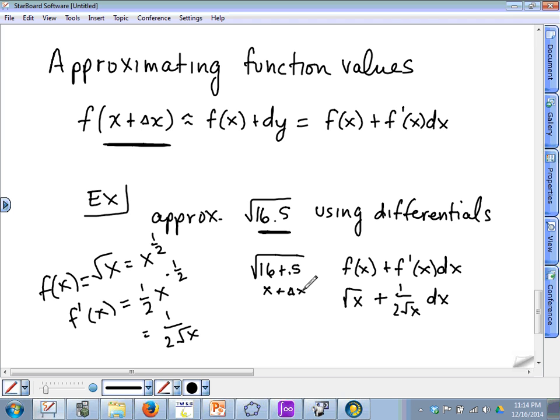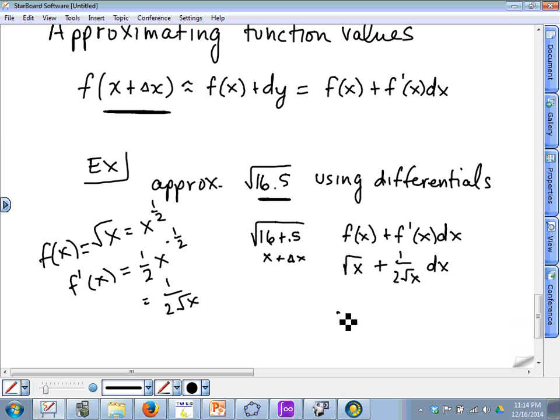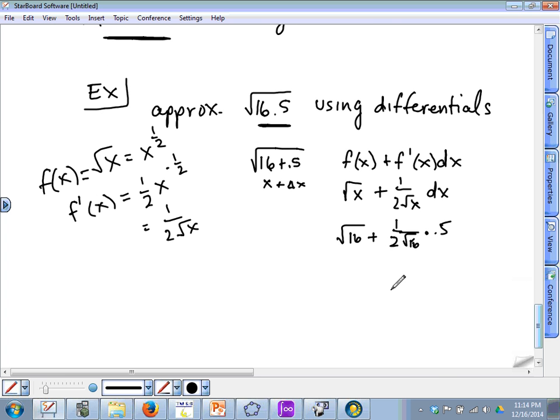Remember dx and delta x, I apologize, these are used interchangeably. Delta x, dx, they mean the same thing. So dx is 0.5, x is 16. So we're going to have the square root of 16 plus 1 over 2 times the square root of 16 multiplied by 0.5.